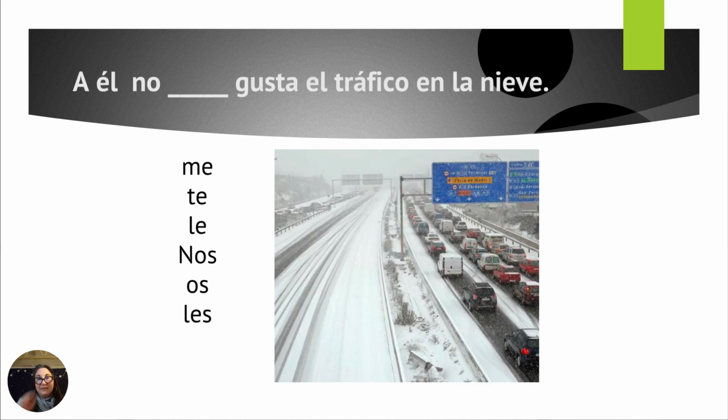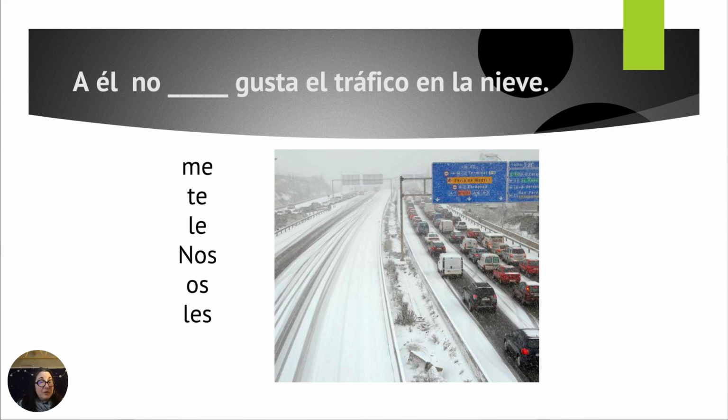And the last practice for today. A él no gusta el tráfico en la nieve. This is an actual picture from Madrid. Yes, it does snow there. A lot of people are surprised to hear that. I don't know why, but I have had people be surprised that it could snow in Madrid. Sí, es normal.